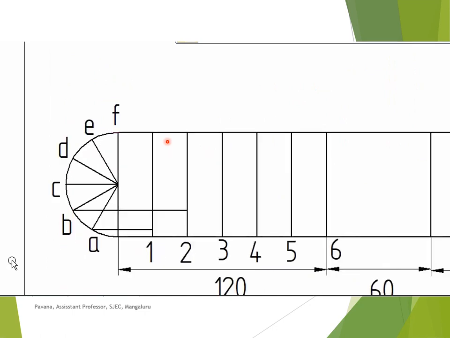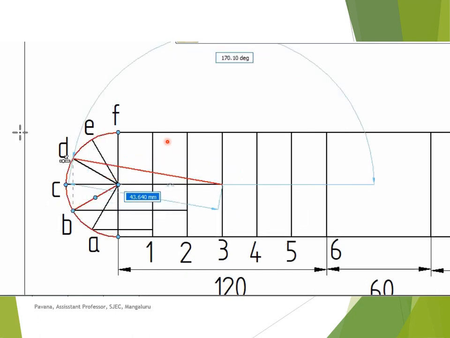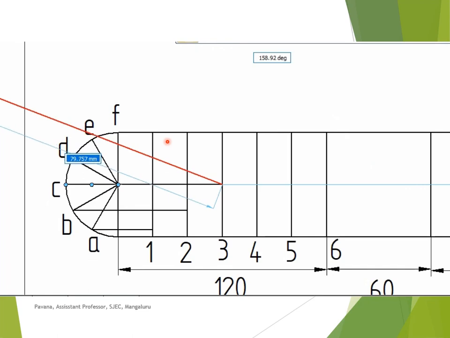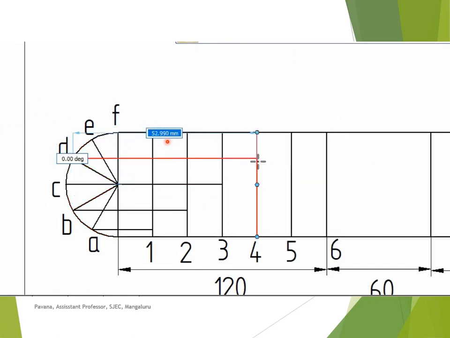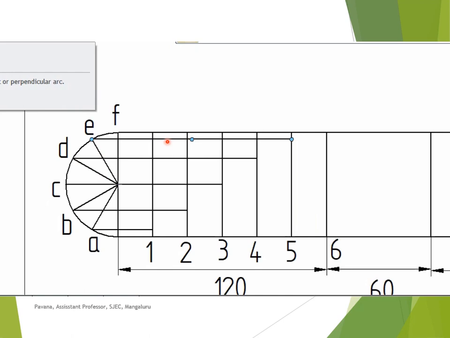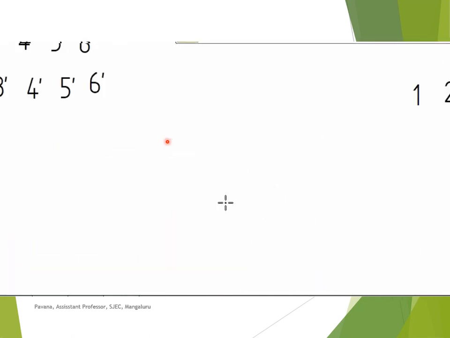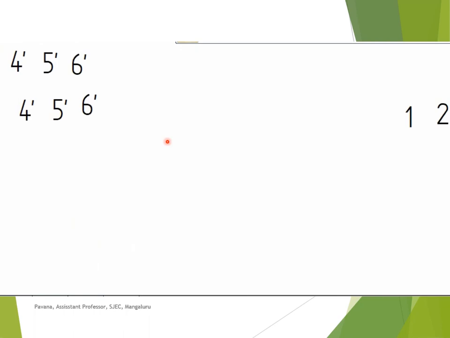From A, draw a line to 1, from B to 2, C to 3, D to 4, E to 5, and the last F to 6. Now the intersection points you get, name them as 1 dash, 2 dash, the numbers with the dash.